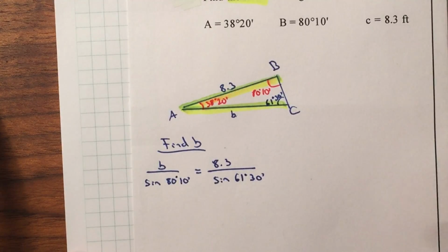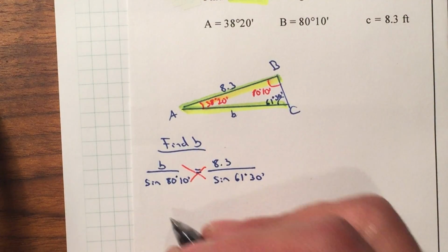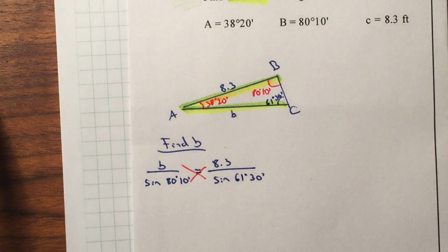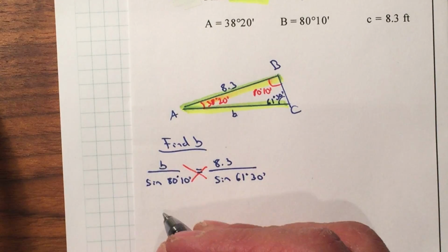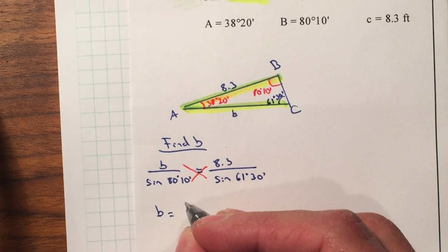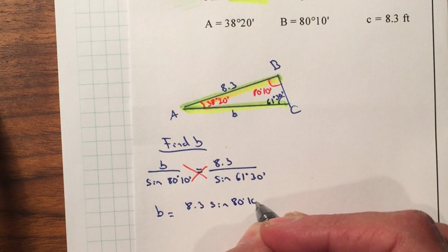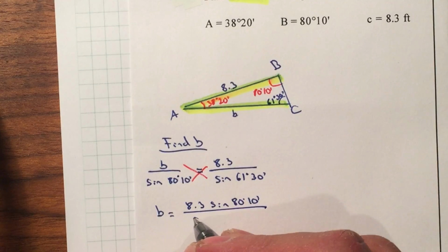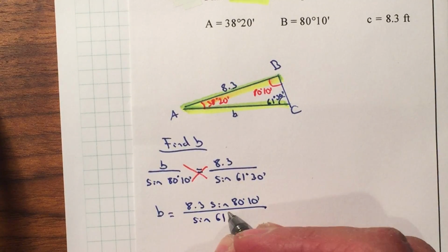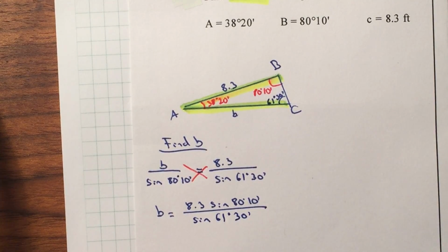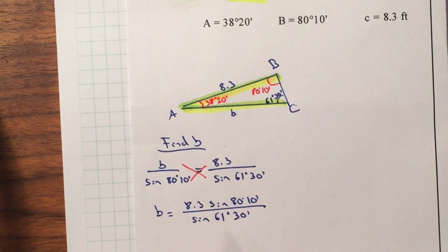From here, I'm going to go and cross multiply. So I have b is equal to 8.3 multiplied by the sine of 80 degrees 10 minutes over the sine of 61 degrees 30 minutes. So notice that I multiply and then divide.